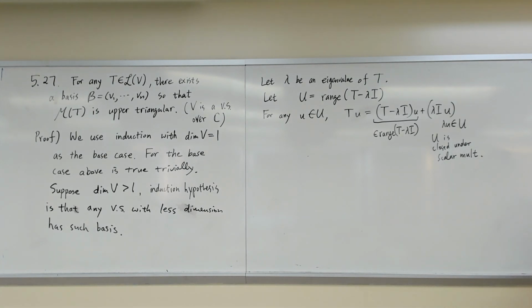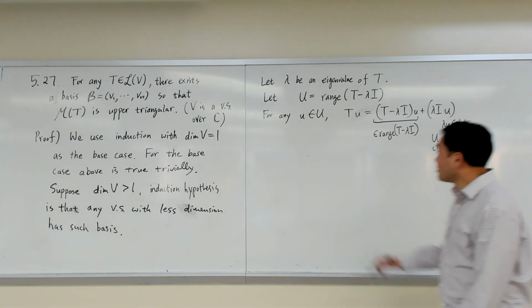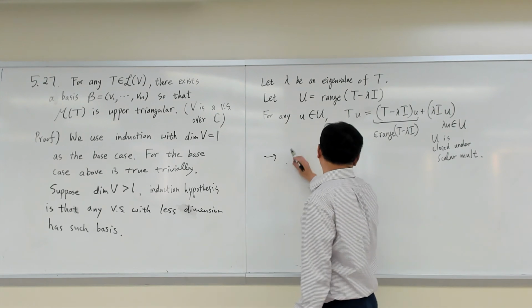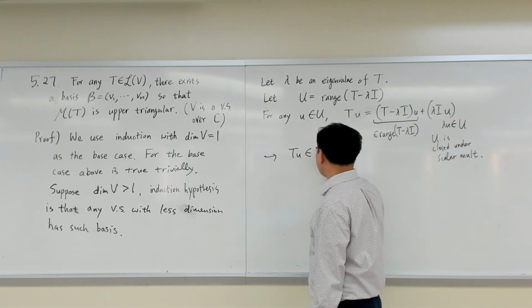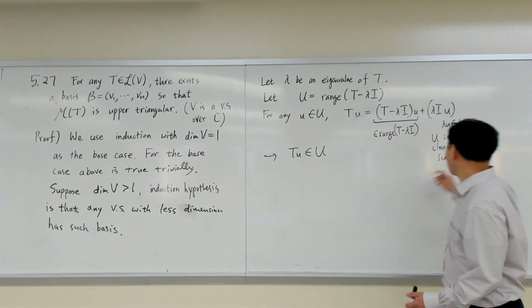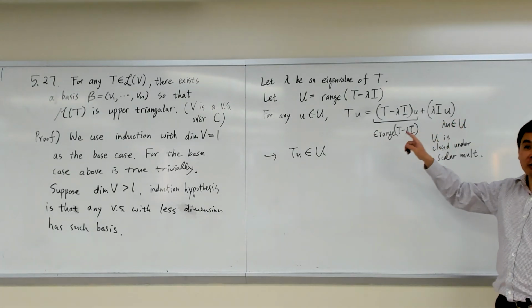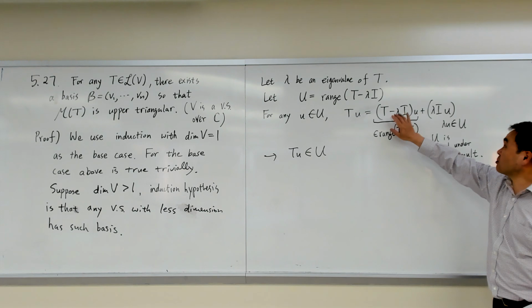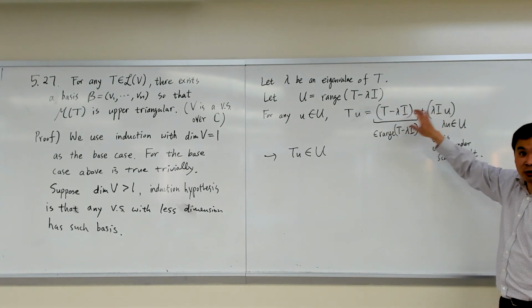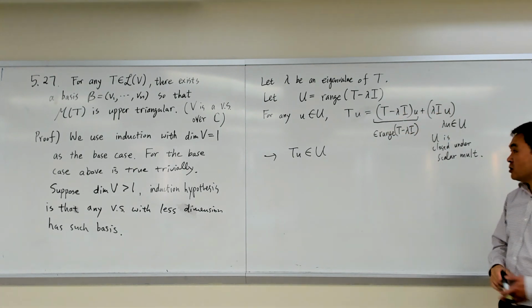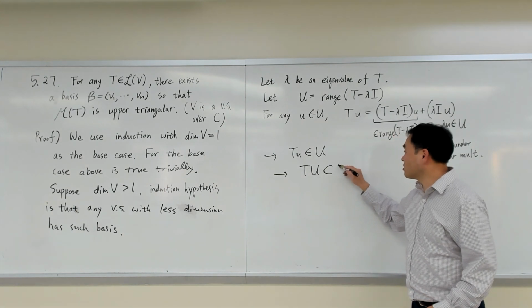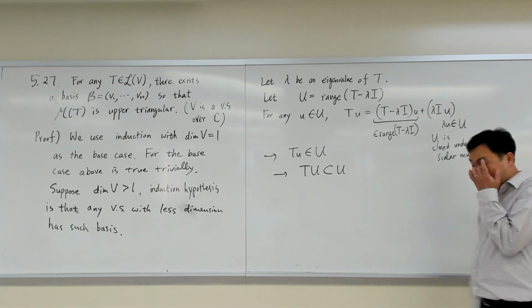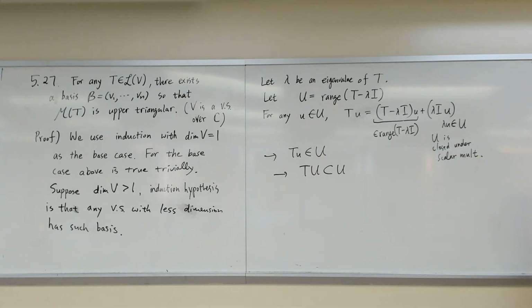Okay? It's a subspace. So that shows that the resulting Tu is in U, right? Because U is also closed under vector addition. So since both of these are in U, the sum of these two is in U. So that shows that T of U is a subset of U, which means U is an invariant subspace.